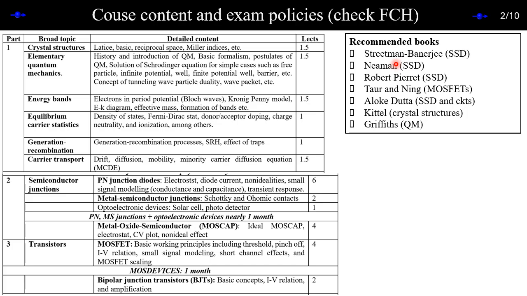Whenever we have crystal structure or fundamental things, Kittel's book is pretty good because there are nice images there. You can also Google those images, but Kittel is pretty good for crystal structure. For elementary quantum mechanics, Griffiths' book is good, but it is quite vast. Whatever is in these basic semiconductor books on quantum mechanics should be fine. All clear for the textbooks?